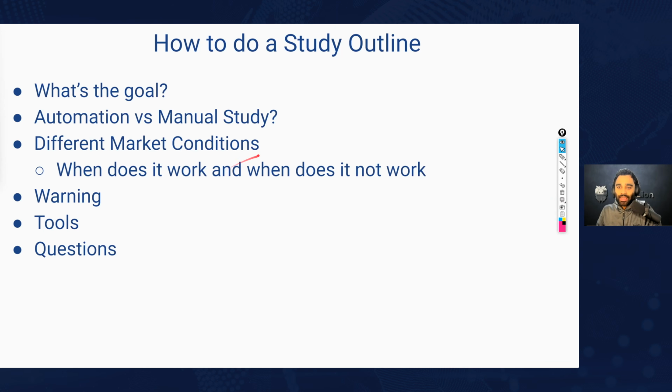So an edge, a setup, anything that you study in the market works for a span of time in a really specific market condition, and it won't work in other market conditions. There's no such thing as one particular setup that you can develop that works to the upside and the downside 365 days, 252 days a year, or whenever the market is open.